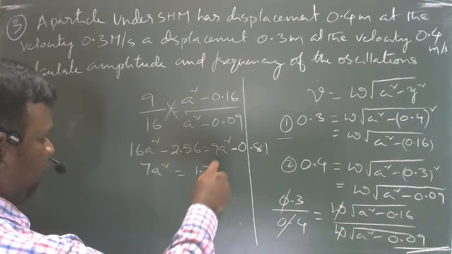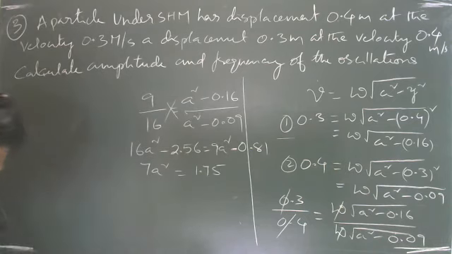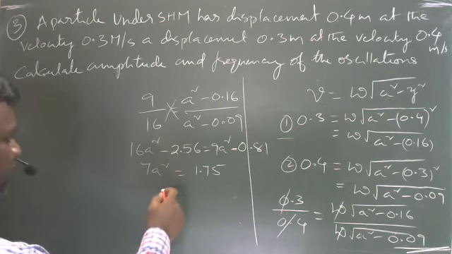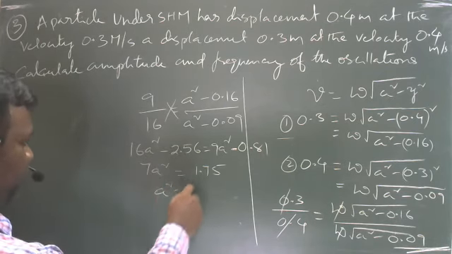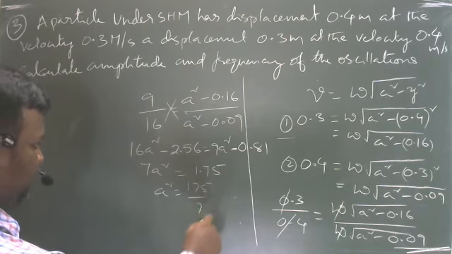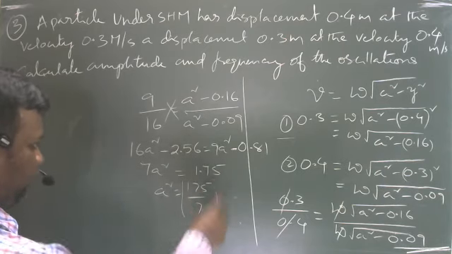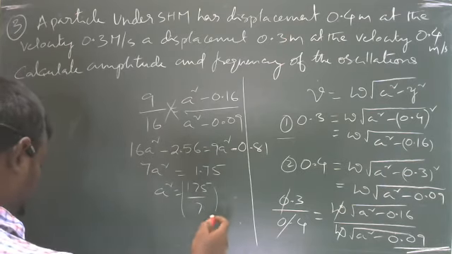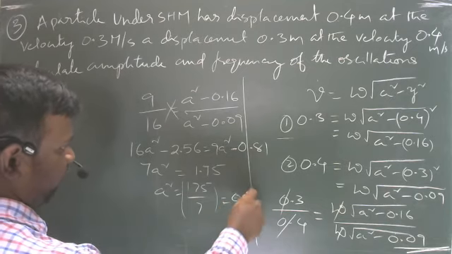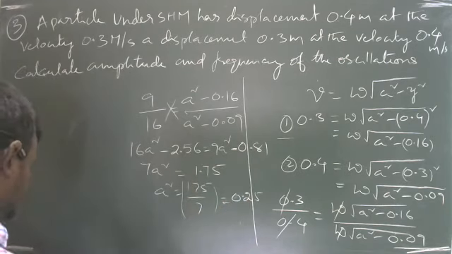So 7a square is equal to 1.75, and I need the value of a. Dividing 1.75 by 7, you get a square equal to 0.25.